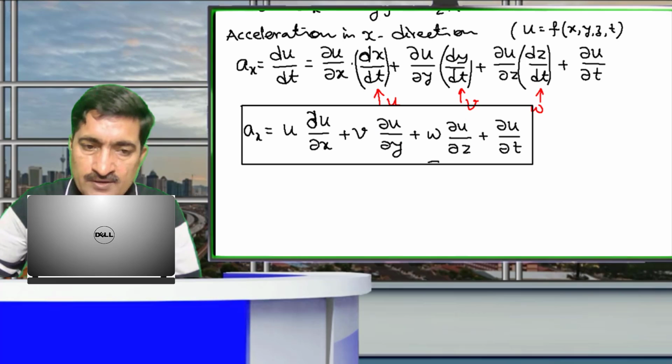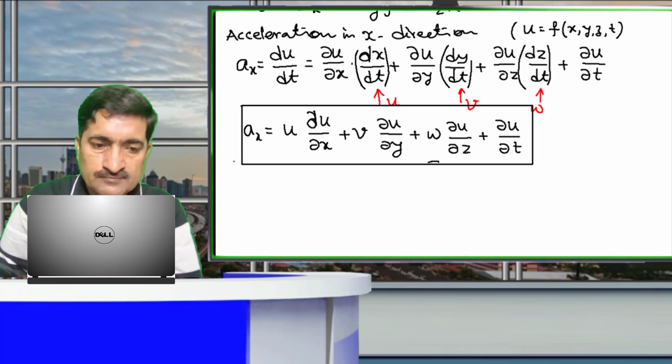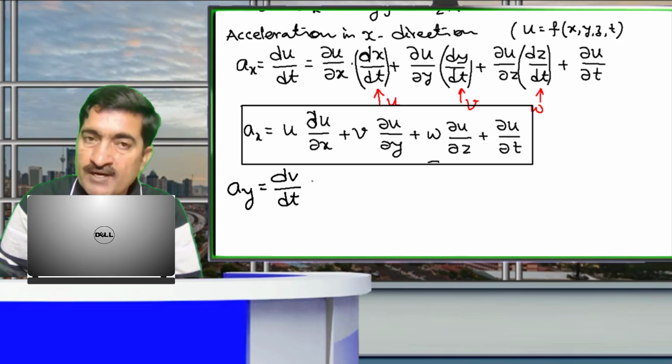Similarly, in y direction, ay equal to dv by dt, acceleration in y direction.